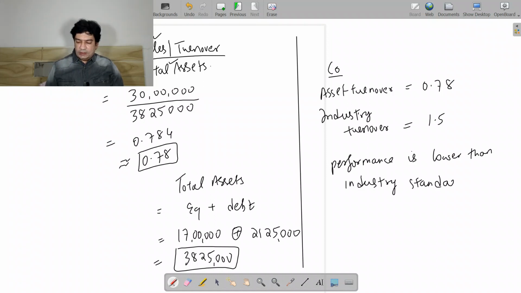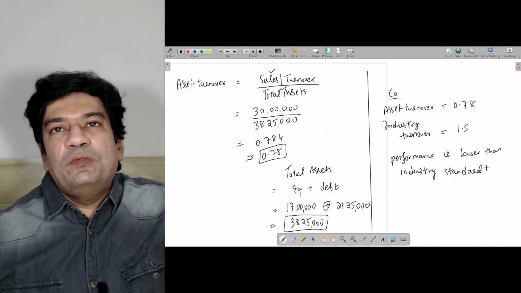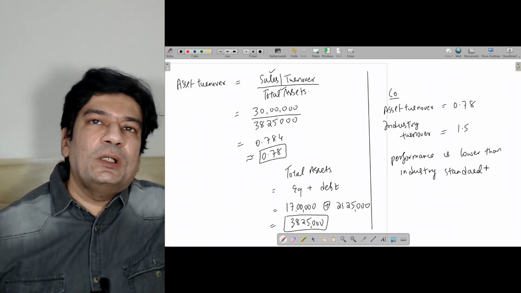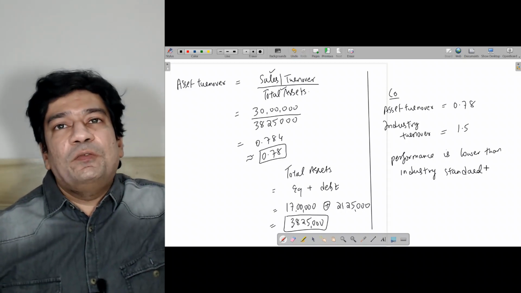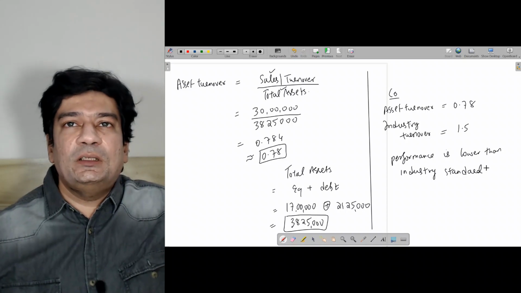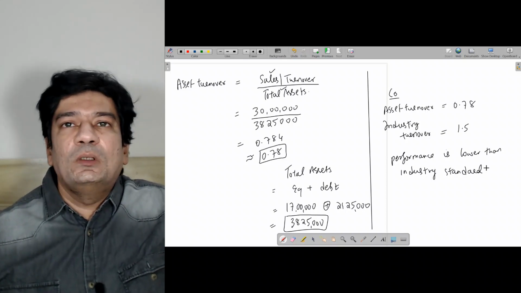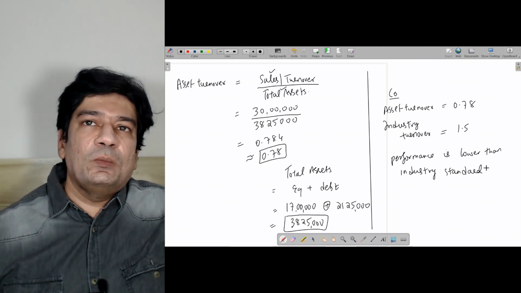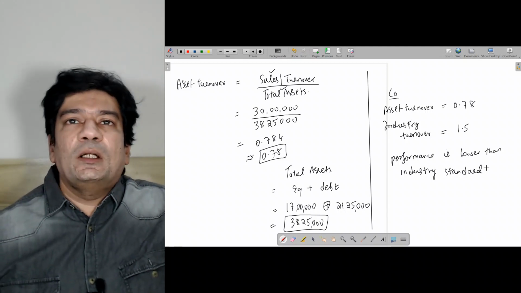So what does this mean? If you have lower sales, then your asset turnover is going to come down compared to your assets. Or if you have a larger amount of assets, then your asset turnover is going to come down. So if the company has an asset turnover of 0.78, there are two possibilities.